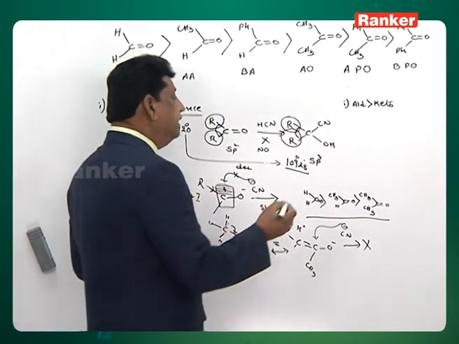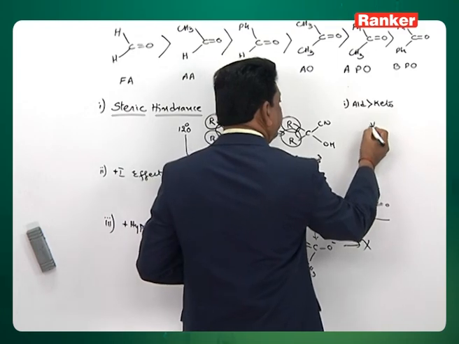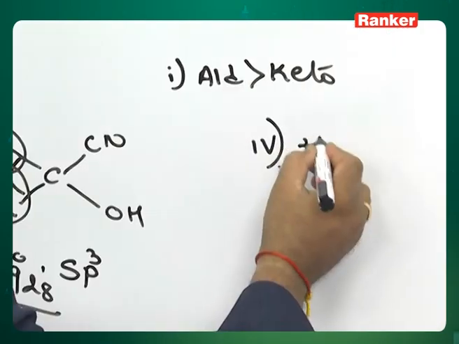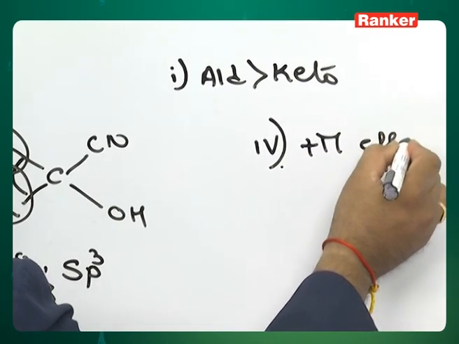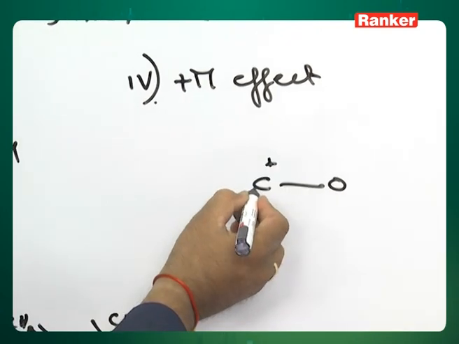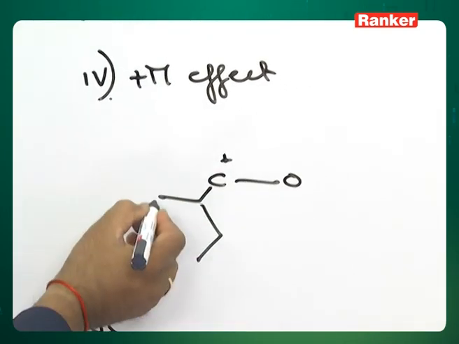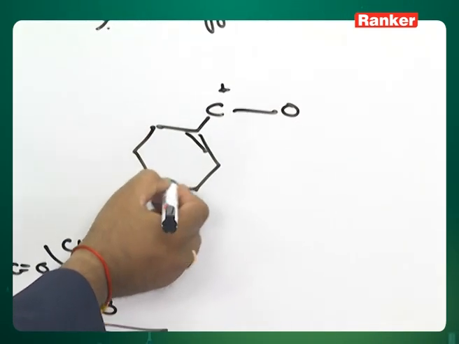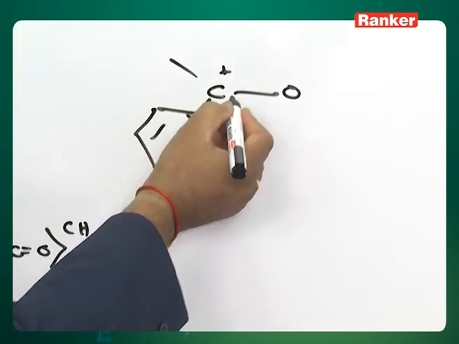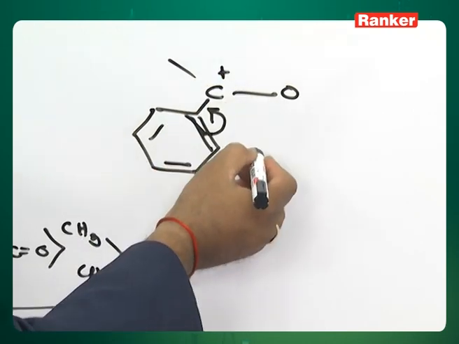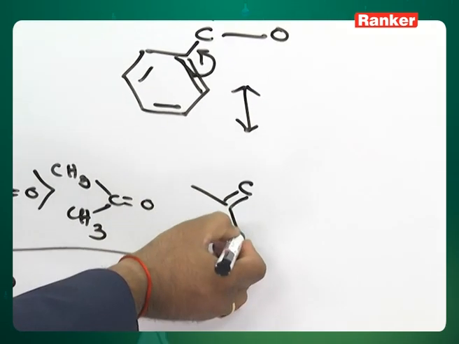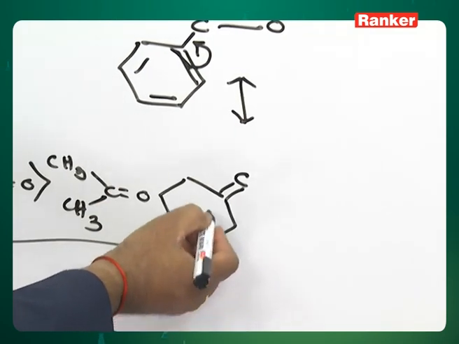Similar is the case with another feature, the fourth phenomenon, the plus M effect, the mesomeric effect. In this mesomeric effect, whenever the carbocation is there, if it is attached to a benzene ring, let us say, then the benzene's double bond electrons will come here and the positive charge is totally neutralized, and the positive charge goes into the ring also.